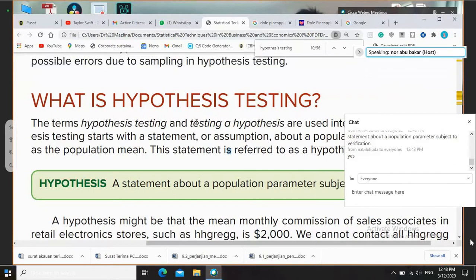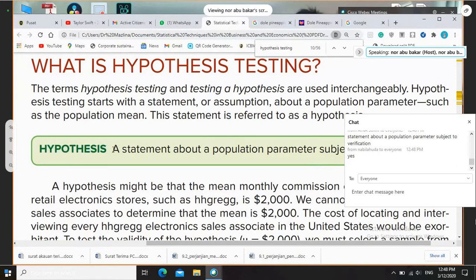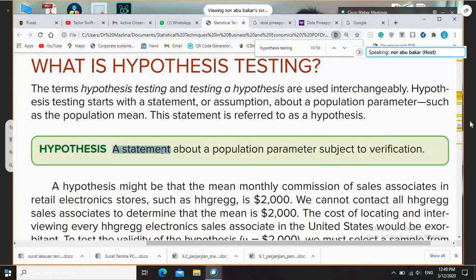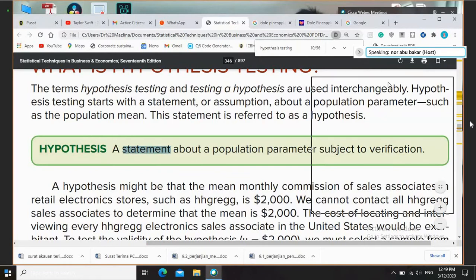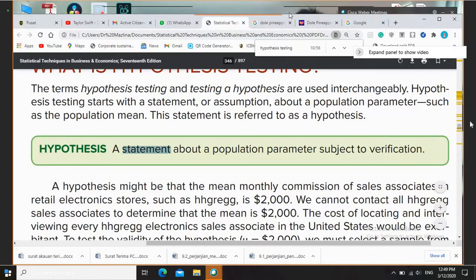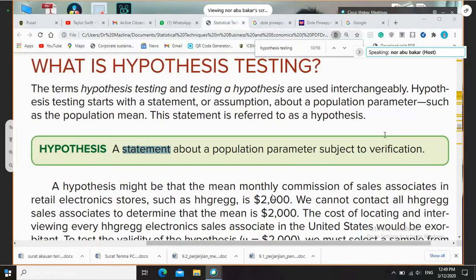Yes. Okay. So, hypothesis is just a statement. See? A statement, but more importantly, a statement about what is meant by a statement? Write. Write it. Statement. Good.